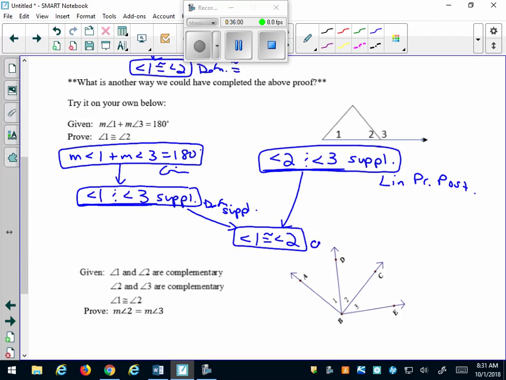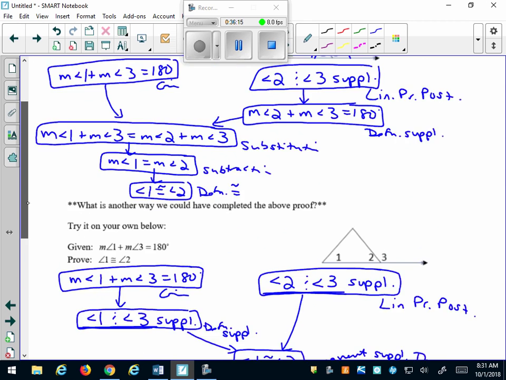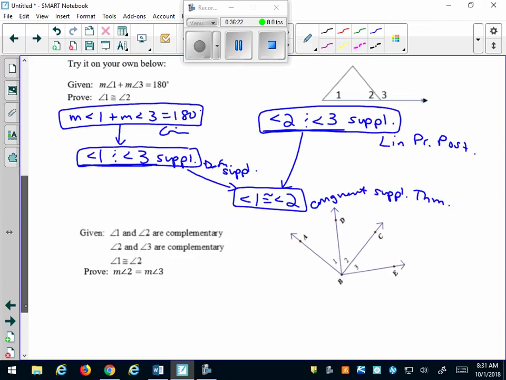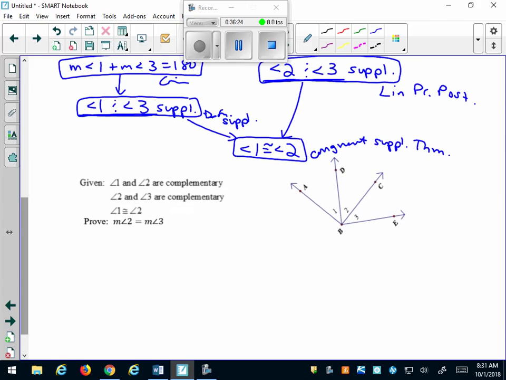And the reason is the congruent supplements theorem. So you can see how it made that proof a little bit shorter. You don't have to go through all this logic of saying two things are equal to 180, so they're equal to each other, and all the substitution. If you recognize you have two statements of supplementary, then you can just go straight to saying they're congruent to each other by congruent supplements theorem.